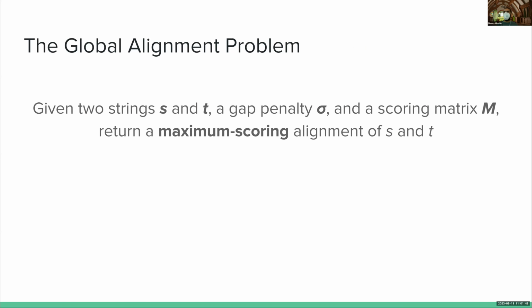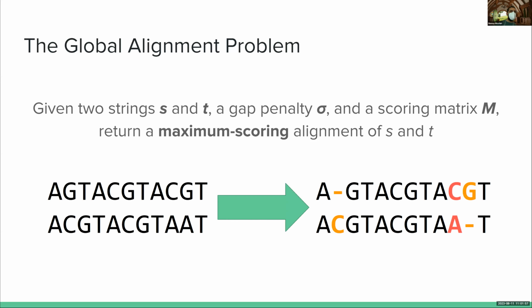So there's a couple different versions of this problem. One of them is called global alignment, where given 2 strings, I want to return a maximum scoring alignment between them. So I want to have the entirety of the first sequence and the entirety of the second sequence, maybe with some spaces stuck in between them.